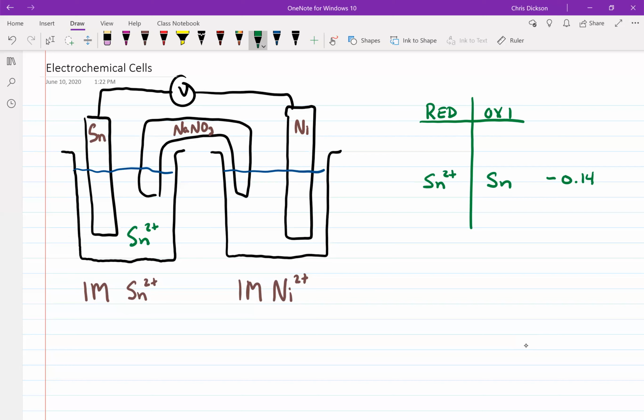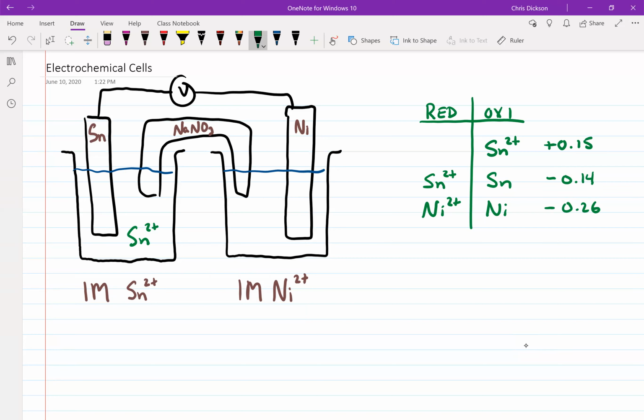And then the nickel, conveniently, is right here. That's nickel 2 plus, and that's negative 0.26. And what's also interesting, we also have nickel ions here at positive 0.15. And that's all the chemicals we have on the table.